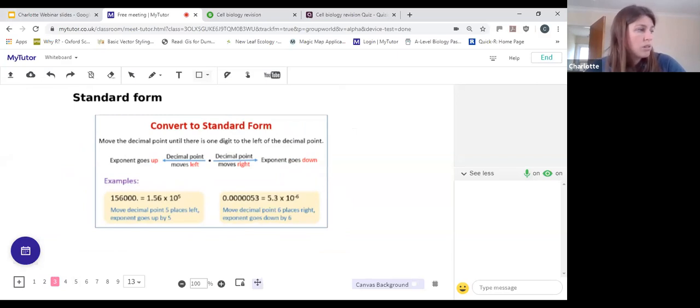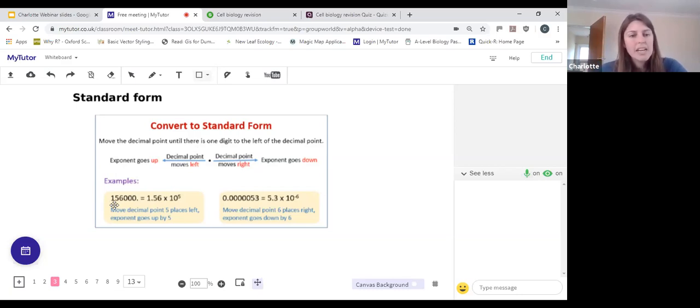So the essence of it is moving the decimal point until there's 1 digit to the left of the decimal point. And they've got a handy diagram here about moving left and right, depending on whether your exponent goes up or down. The easiest way to do this is to look at an example, and then you'll see how it fits in.